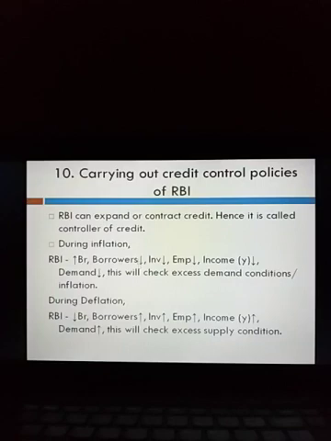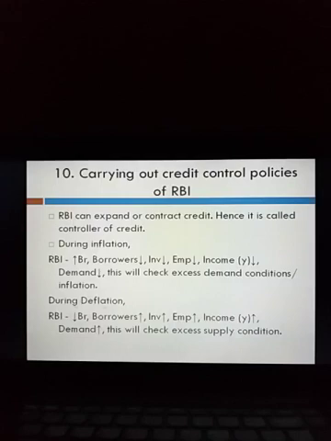The rate at which commercial banks provide loans will be high, so the number of people borrowing decreases. When borrowers decrease, investment, employment, income also decrease. As a result, demand decreases. This will check the excess demand conditions or inflationary tendencies.